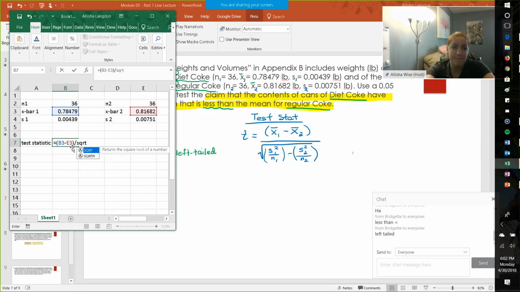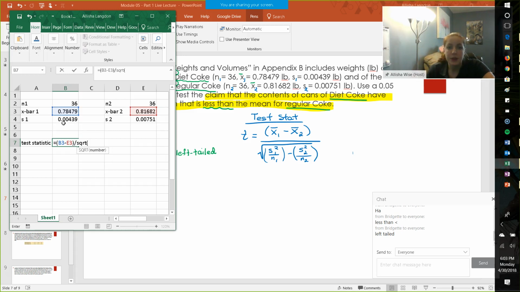SQRT, parentheses. So we're taking the square root of everything in there. This can get a little tricky. So we need another set of... No, we don't. We're fine. We actually don't need another set of parentheses.